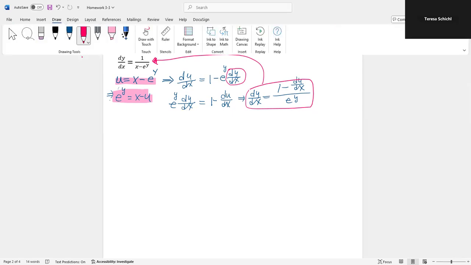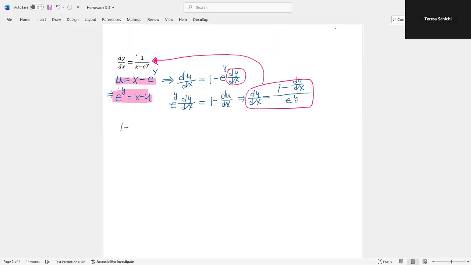So dy/dx is equal to (1 minus du/dx) over e^y, which is equal to 1 over x minus e^y. Now I multiply e^y on both sides. So 1 minus du/dx will be equal to e^y over x minus e^y.